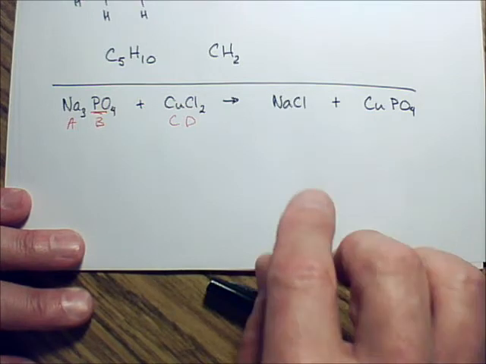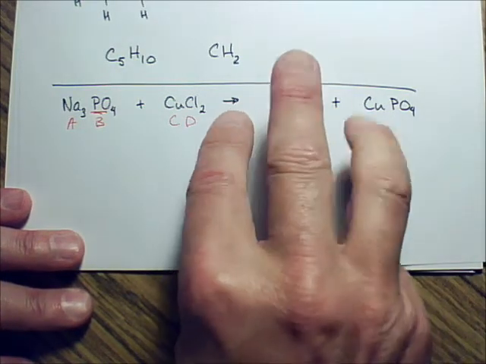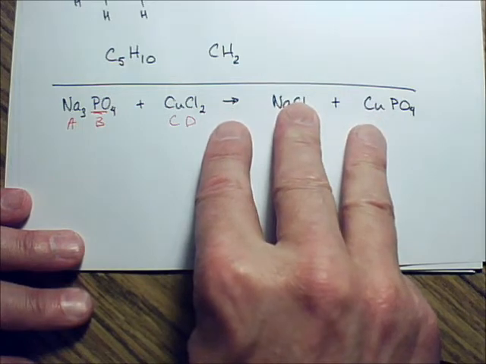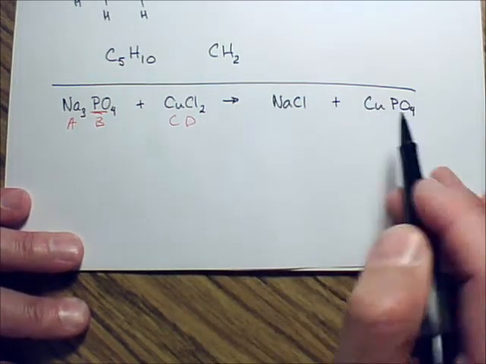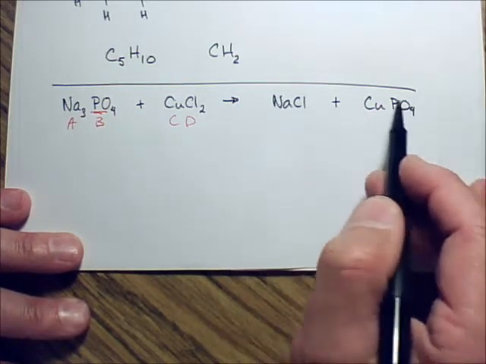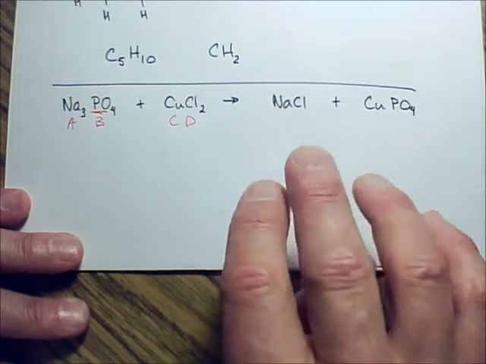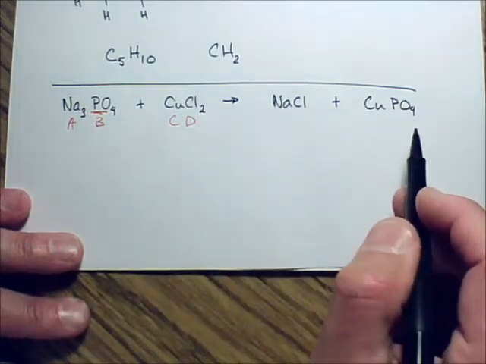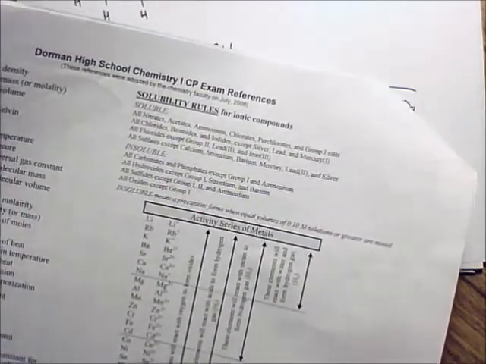The formation of a solid, the formation of water, or the formation of a gas. I don't have any water here, so that one's out. Nothing here would make a gas, so that's out. The only driving force available to me now, because I've eliminated the others, is the formation of a solid. So that's what I use the solubility rules for.